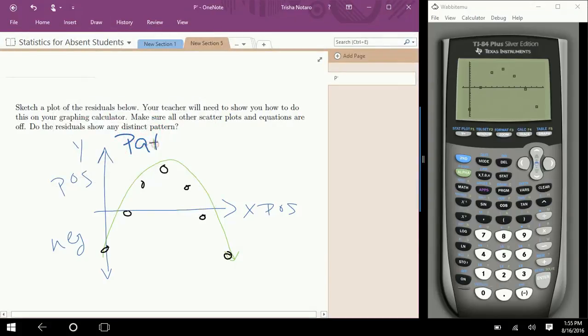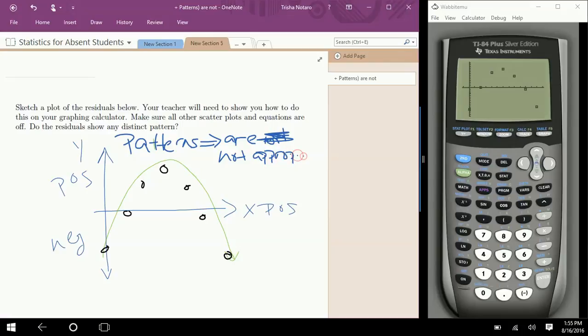So patterns are not appropriate fits. So when you are graphing a residual and you see a pattern, it is not an appropriate fit.